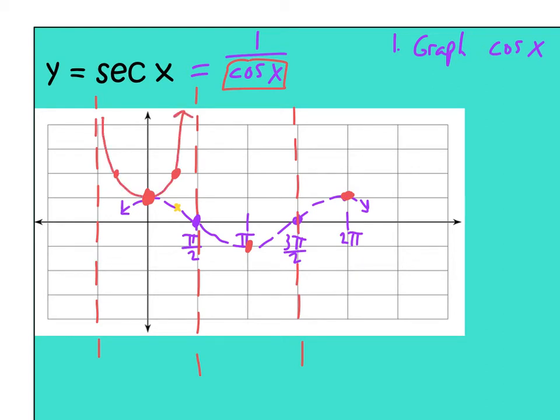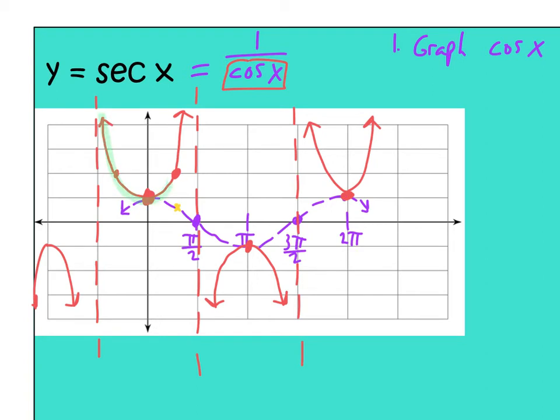You get these little, almost like parabola things. As long as you keep them within the asymptotes, it's just going to keep alternating back and forth, and you get these weird looking little up and down parabolas. That is actually what the graph of secant of x looks like.